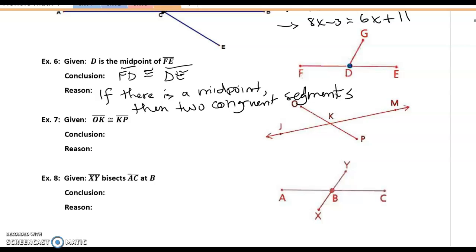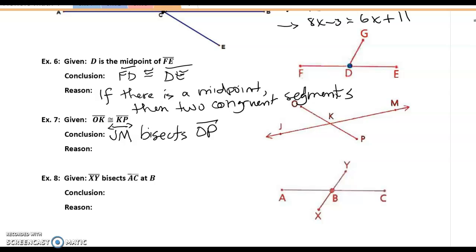Example 7, we are given that segment OK is congruent to segment KP. Based on the diagram, what can we conclude? So based on the diagram, we can conclude that line JM bisects segment OP.